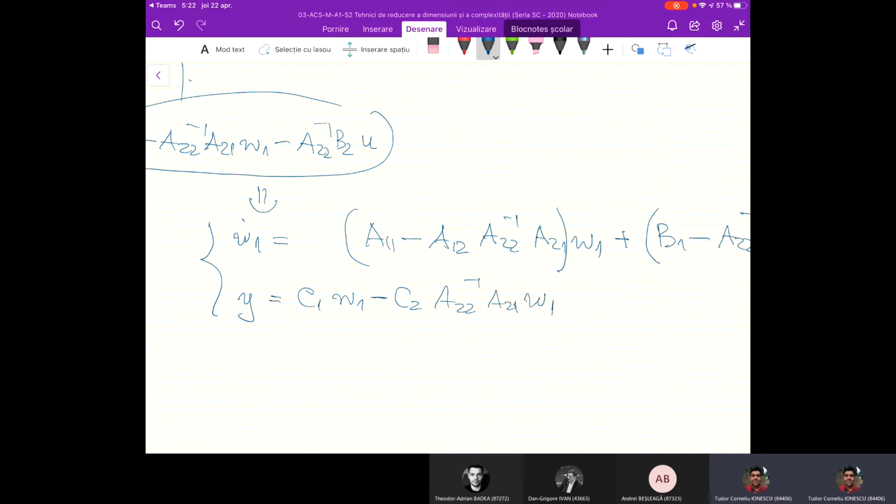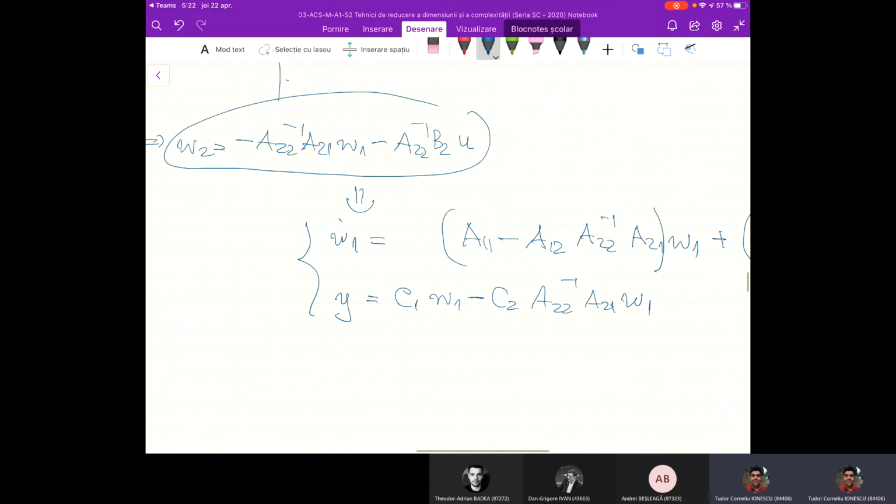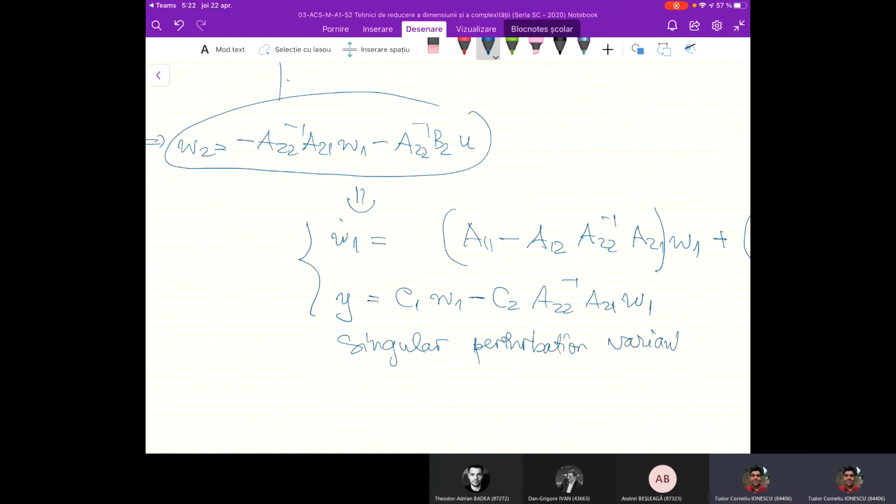And this is another balanced truncation reduced order model. This is the singular perturbation version. This is how it's called: singular perturbation. Let's call it a variant, just like the virus.